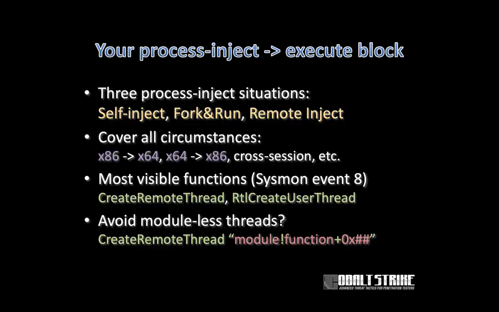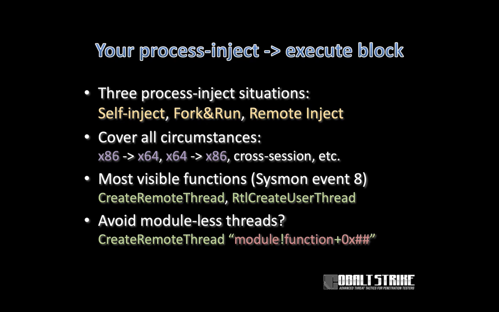Let's talk about that process inject execute block. There are 3 process inject situations, and your block should cover all of these. There is self-injection, fork and run, and remote injection into an existing process. You should order your execute block with your self-inject options first, fork and run options next, and then your remote injection options last.